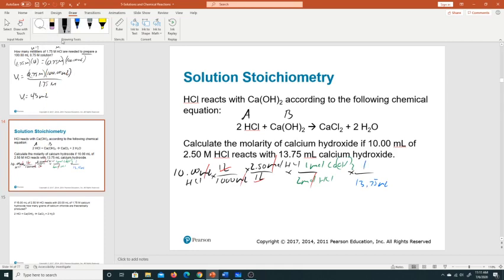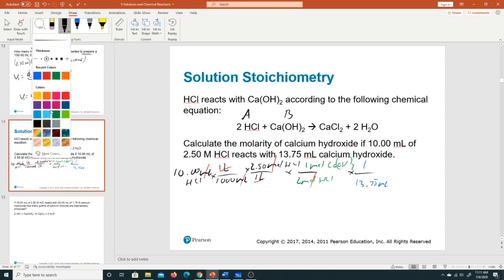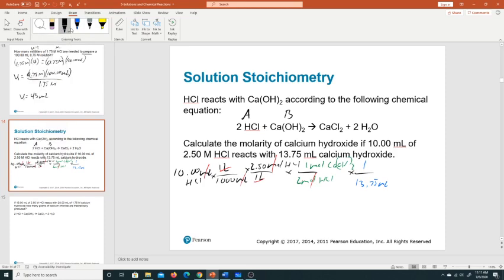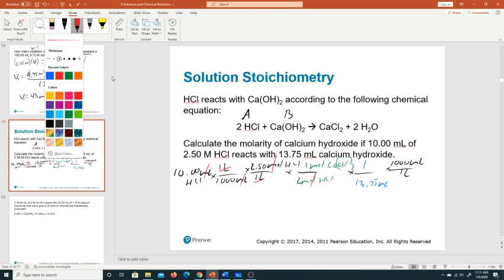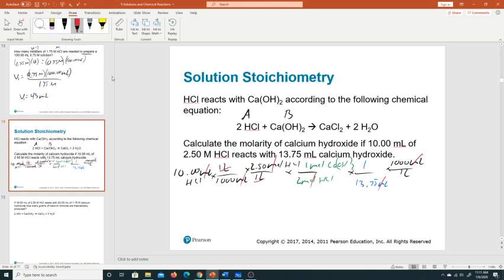And now we'll convert milliliters back to liters to get the proper units. 1,000 milliliters is 1 liter. So now we'll cancel out milliliters to get liters. So now what we have is moles on top and liters on the bottom. That is the definition of molarity. This is what you have to do.